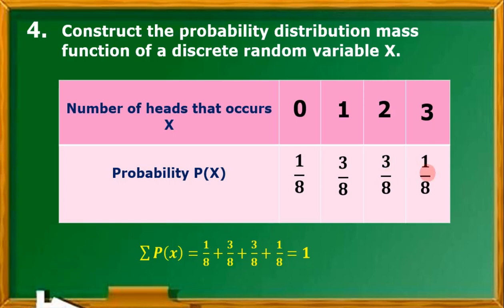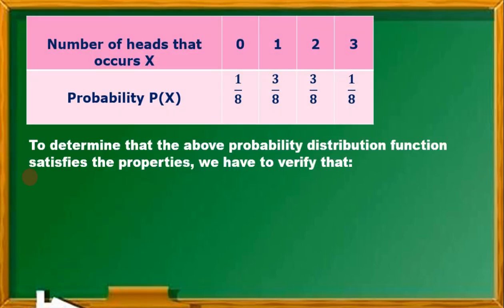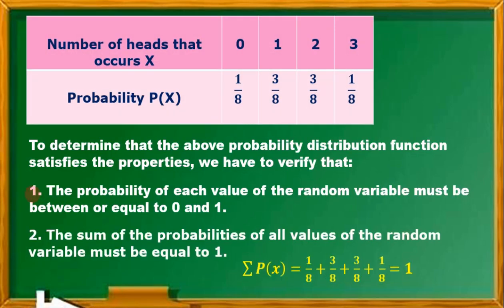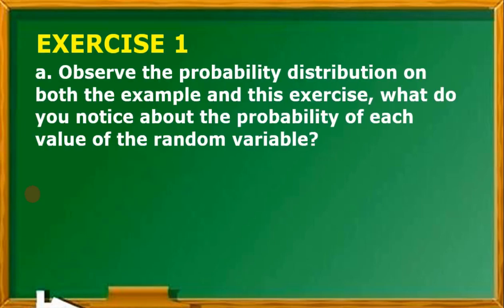So this is a probability mass function of the discrete random variable X, where X is the number of heads that occur in an experiment of tossing 3 unbiased coins. Okay, the two properties are satisfied. Okay, we move on to the question.